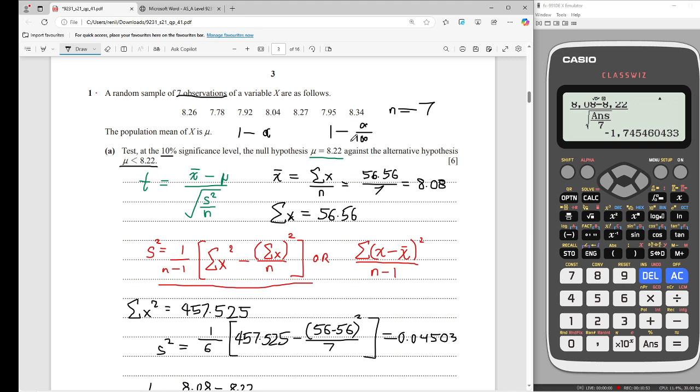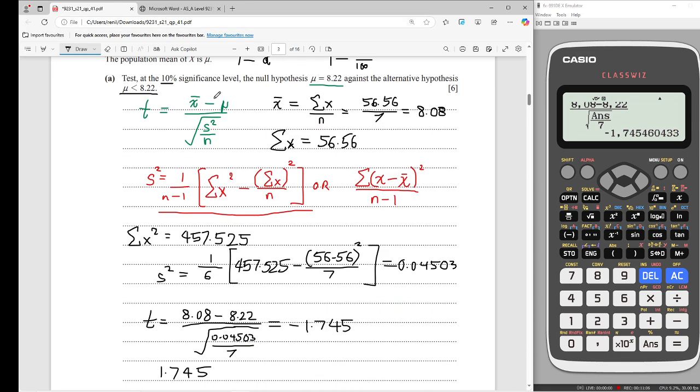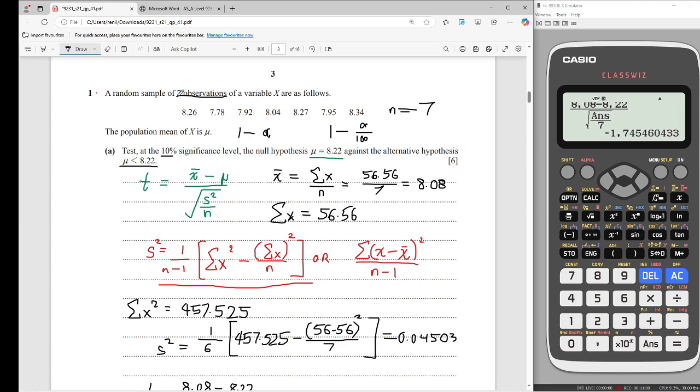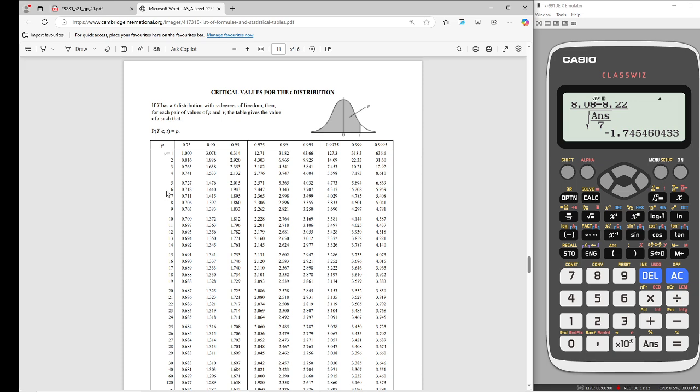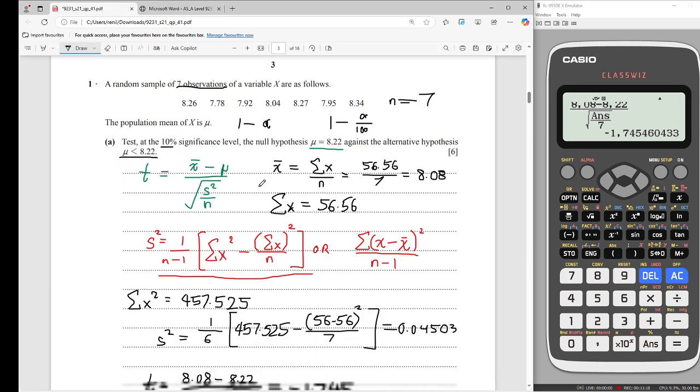So 1 minus alpha gives us 1 minus 0.1, which is 0.9. That is the p-value. As for degrees of freedom, it is number of terms, which is 7 minus 1, which is 6. So when you look here, degrees of freedom 6 for 0.9, our critical value is 1.440.